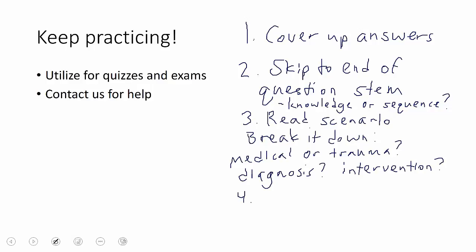After I've read the scenario and broken down the patient situation, and I've come to what might be the likely diagnosis and interventions, if that's the type of question, then I'm going to try to think of the correct answer or possible correct answers. And then finally, I'm going to look at the answer choices and pick the most appropriate answer.